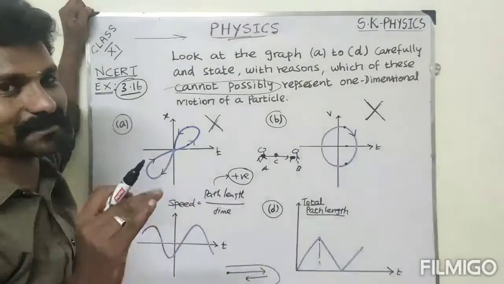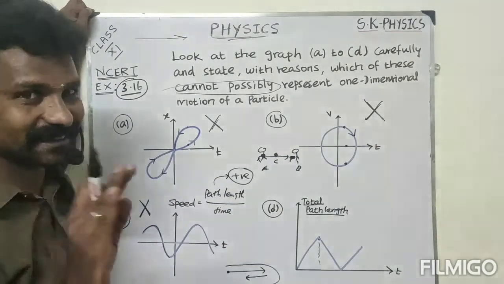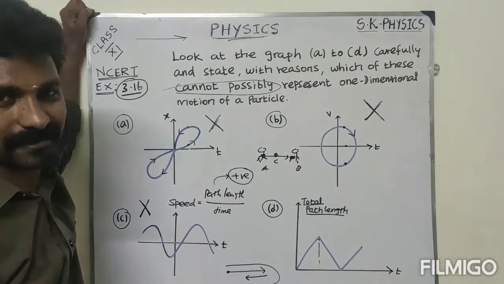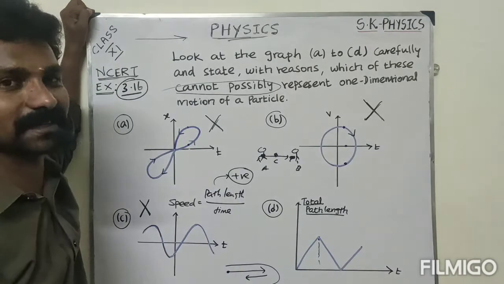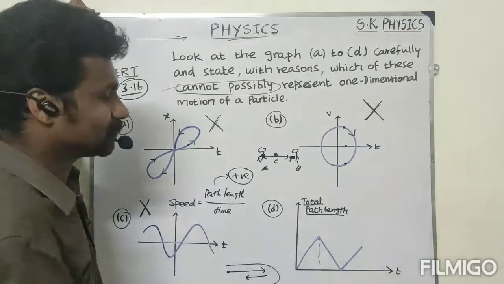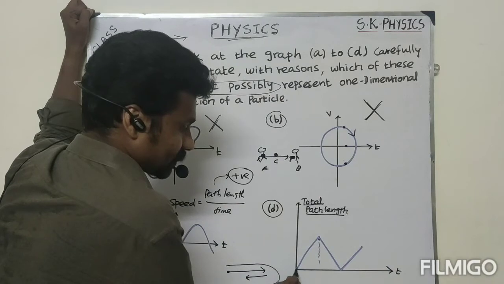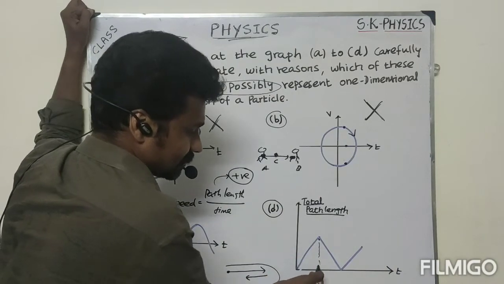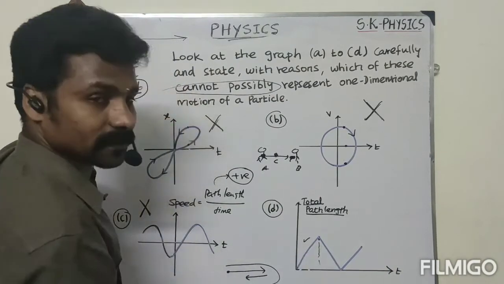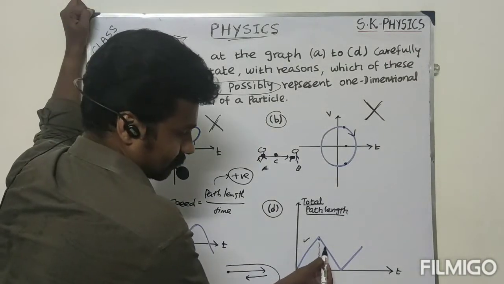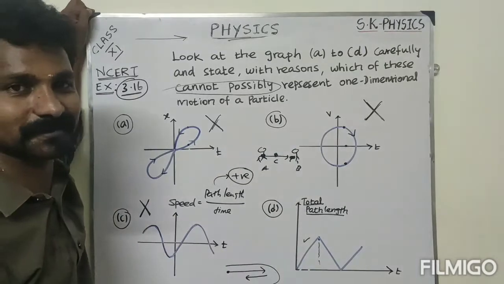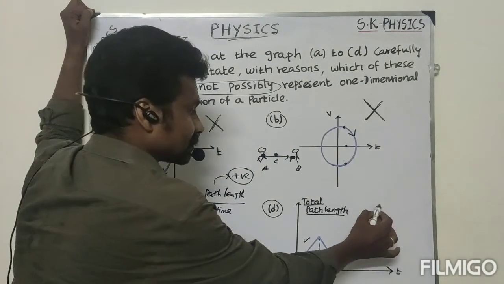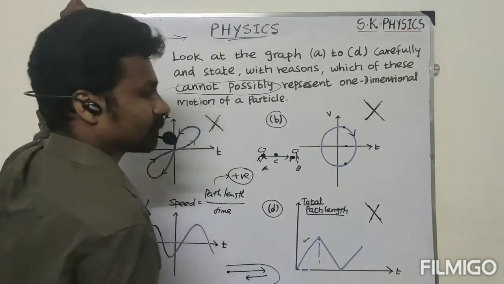My displacement is reduced, but path length is not reduced. Path length is always positive only, it does not reduce. But in this diagram, the time is increasing, but path length is reducing. How? So this is also not possible.